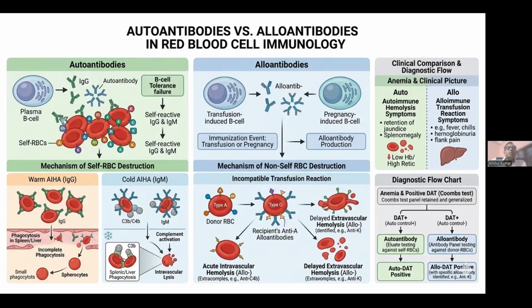IgM antibodies are the first antibodies produced, and they cannot cross the placenta to the fetus. So the first baby usually remains normal, but the condition becomes complicated during the second pregnancy, when the immune system has already stored a memory against the Rh positive blood cells.